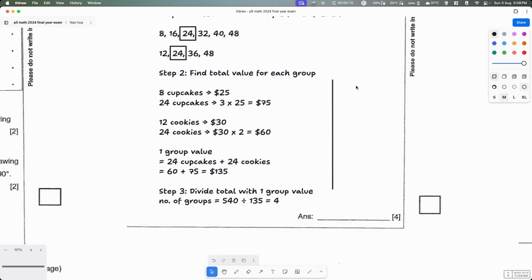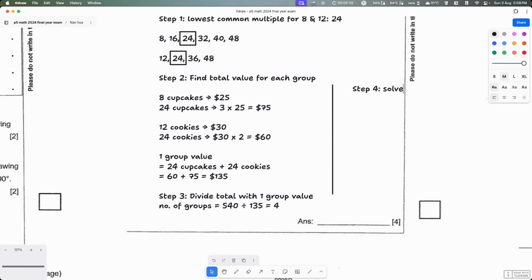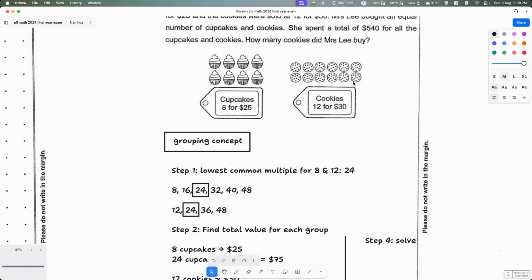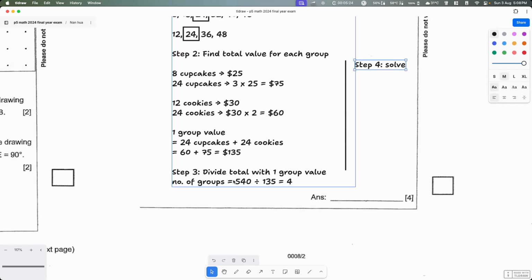So how many cookies? Step 4 is just to solve. How many cookies did Mrs. Lee buy? So we have 3 groups, oops, of cookies. Is equal to 3 times 24.